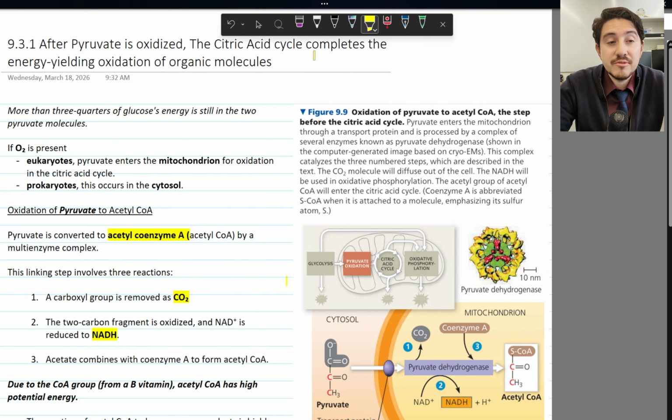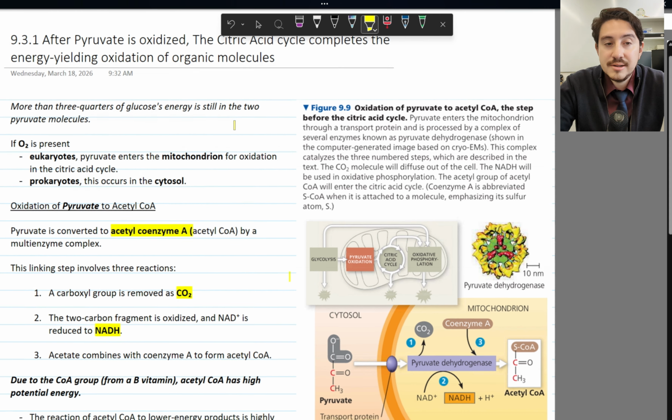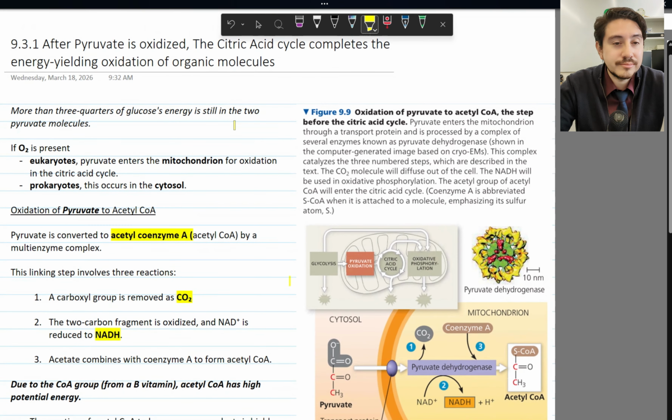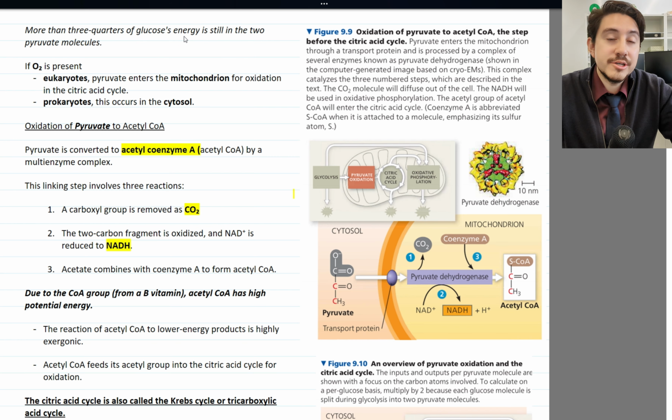We're going to go to 9.3. After pyruvate is oxidized, the citric acid cycle completes the energy-yielding oxidation of organic molecules. It says more than three-quarters of glucose energy is still in the 2 pyruvate molecules, so it hasn't been fully oxidized yet.